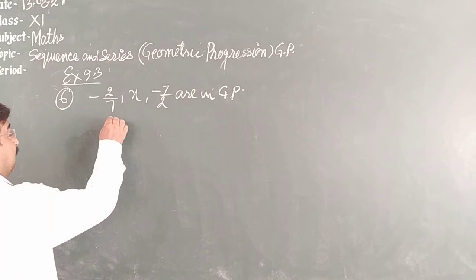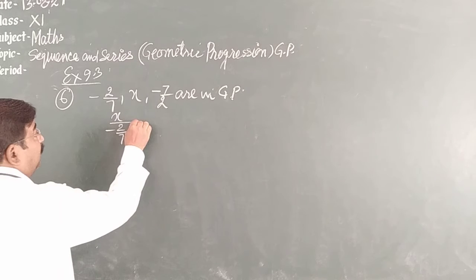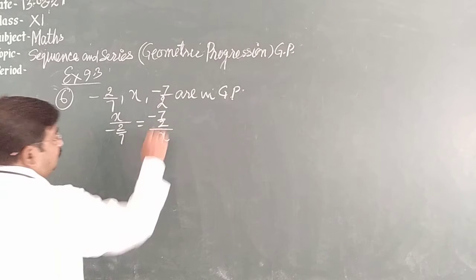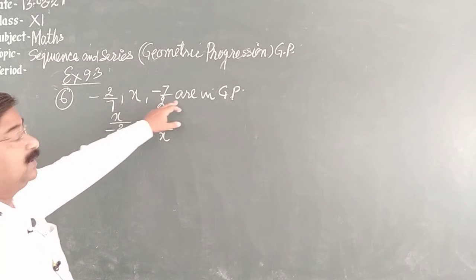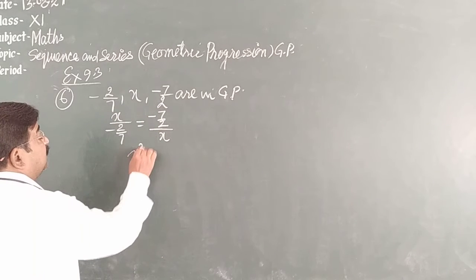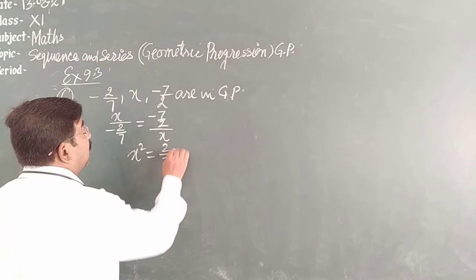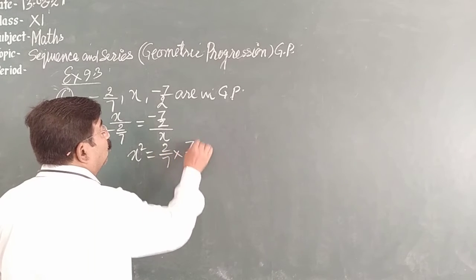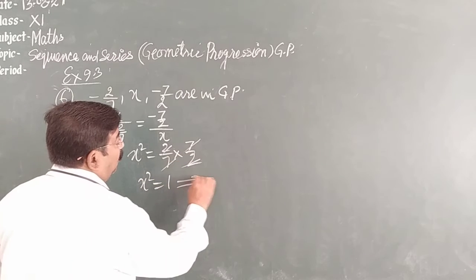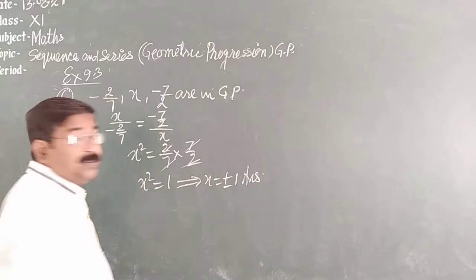So we can write like this: x upon minus 2 upon 7 is equal to minus 7 upon 2 upon x. a2 upon a1 is equal to a3 upon a2. So cross multiply, we have x square is equal to minus into minus plus, and we have 2 upon 7 into 7 upon 2. This will go, what we have, x square is equal to 1 or x is equal to plus minus 1 is your answer of this question.